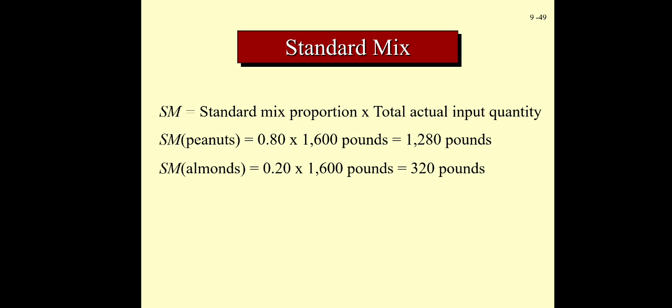So standard mix for the peanuts is 0.8 times 1,600 pounds. The result is 1,280 pounds. Standard mix for almonds is 0.2 times 1,600 pounds, equal to 320 pounds.